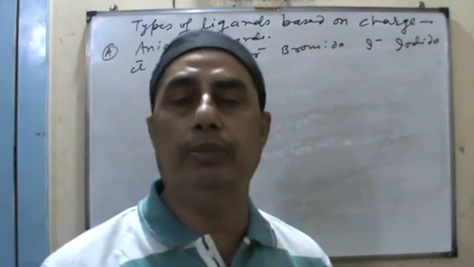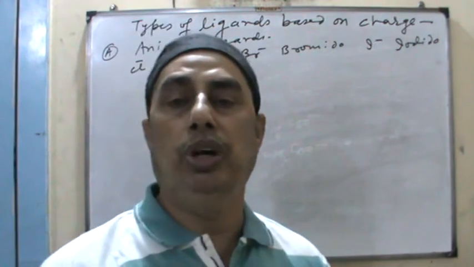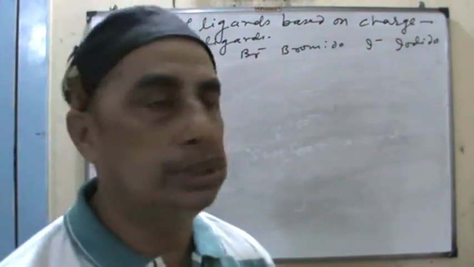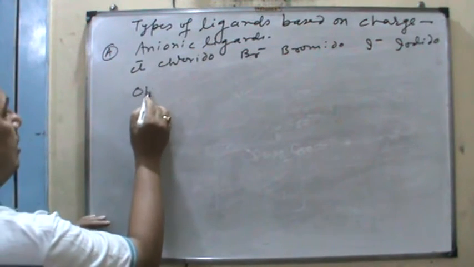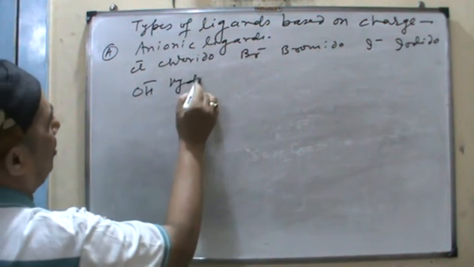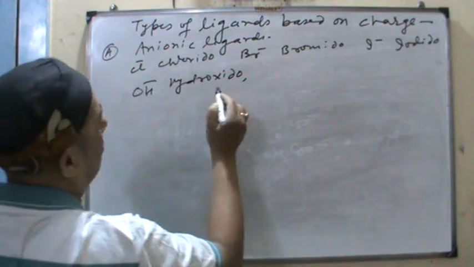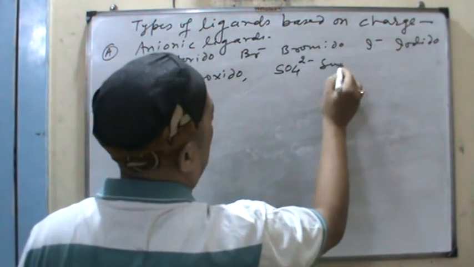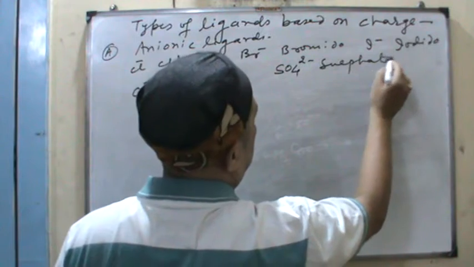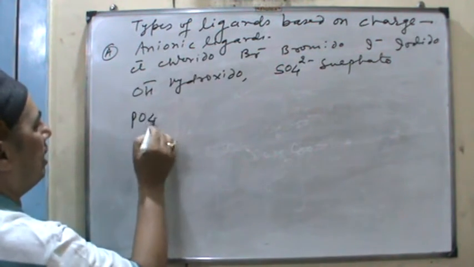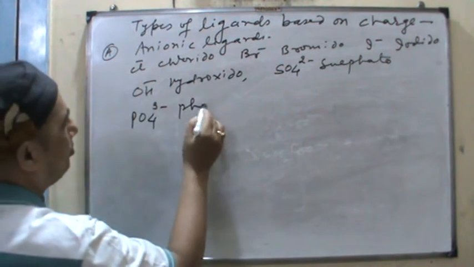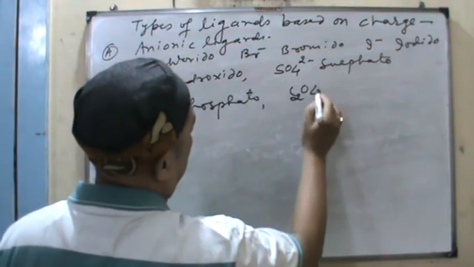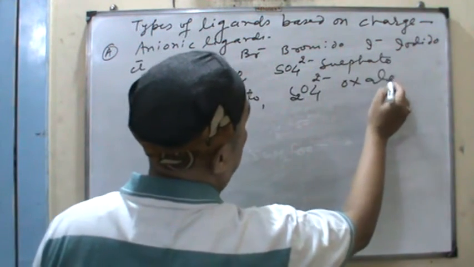It has a separate system of nomenclature as per the 2004 IUPAC system of nomenclature for inorganic compounds. OH negative, hydroxido. Now sulfato. PO4 3 negative, phosphato. C2O4 2 negative, oxalato.